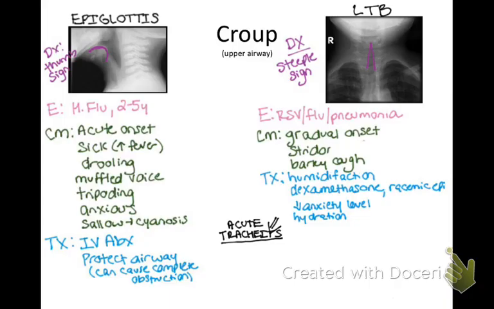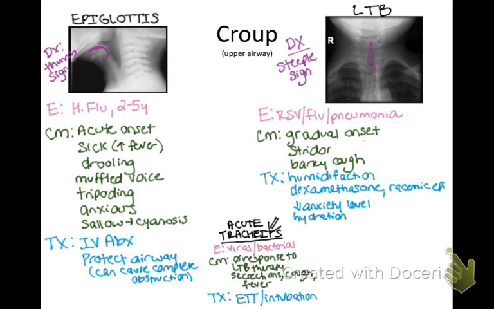All right. Acute tracheitis is basically when this LTB doesn't respond to therapy and the kid gets really sick. So acute tracheitis is just a progression of LTB, and they just don't respond to therapy.